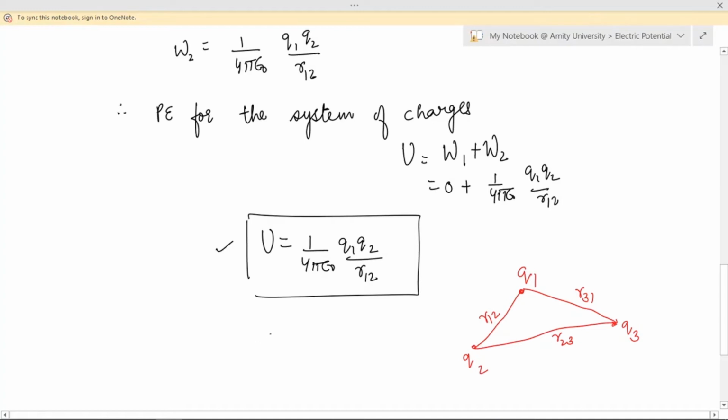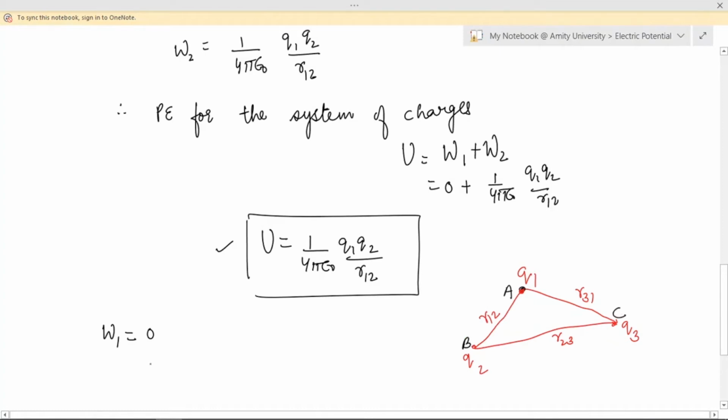First of all, if we bring Q1 initially from infinity, the work done in bringing the charge from infinity to point A is equal to 0, because initially there is no electric field, so no work has to be done.